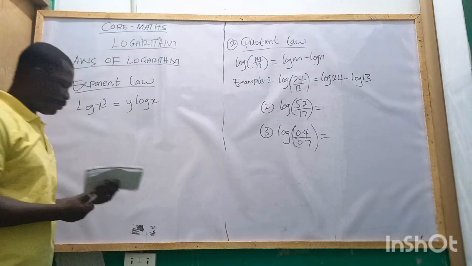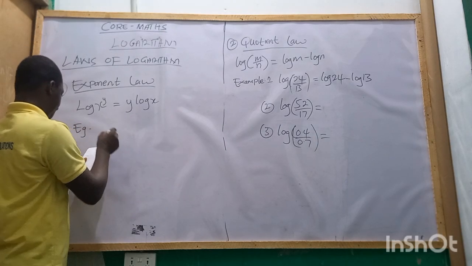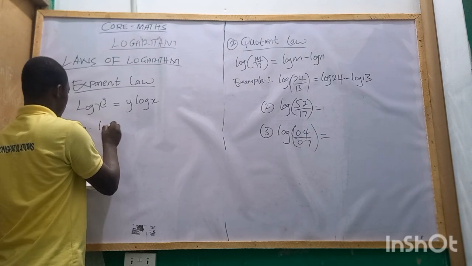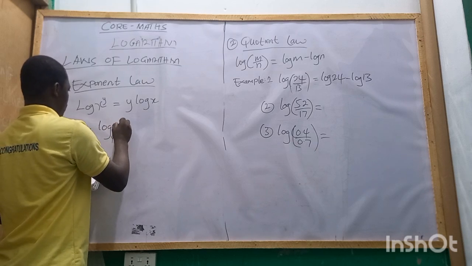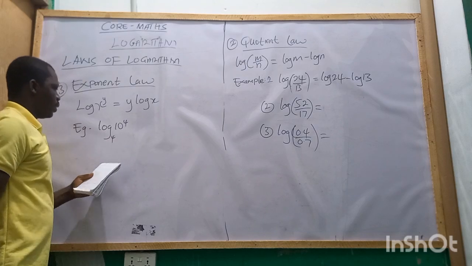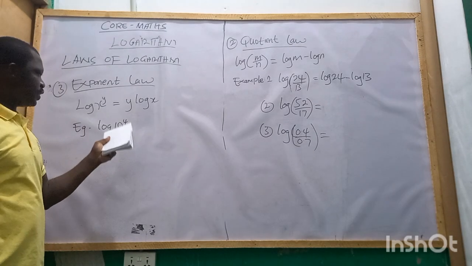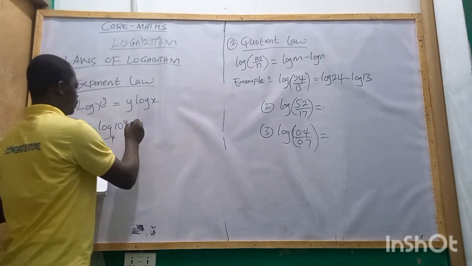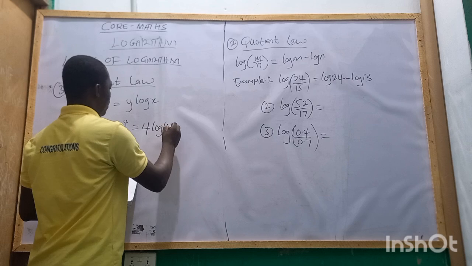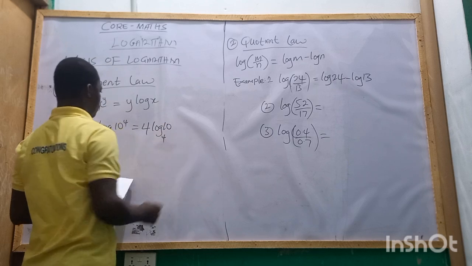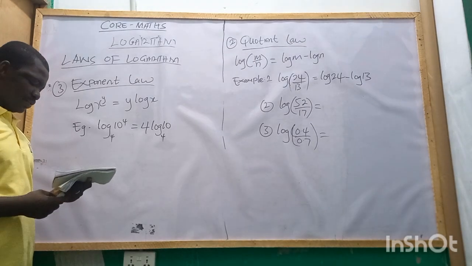So let's take an example. So log of 10 exponent 4 to the base 4, which will be what? So 4 log 10 to the base what? 4. Very simple.